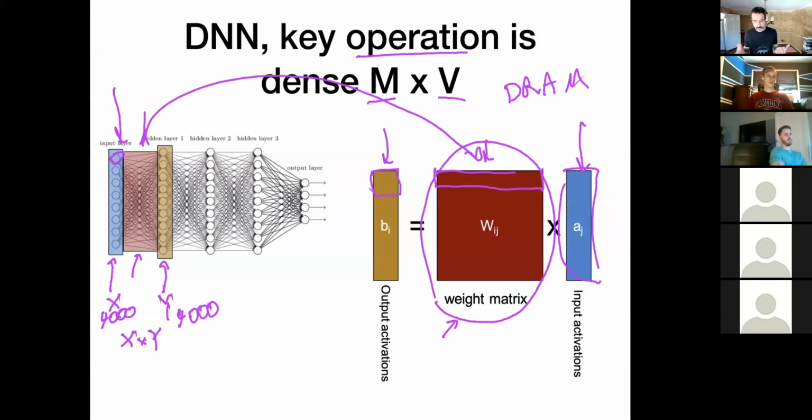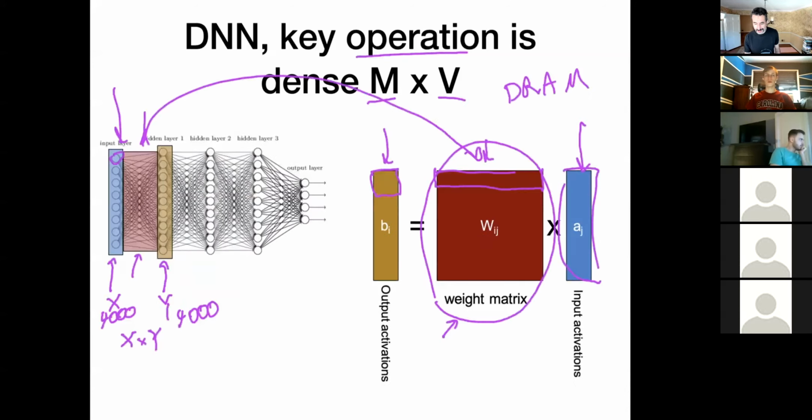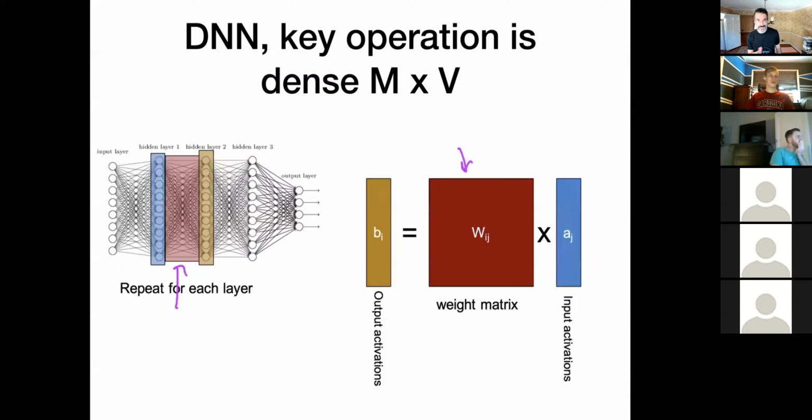But more importantly, if you think about this carefully, when you move to the next layer, what happens? You need a new set of weights. Exactly, you need the next set of weights, and this one was totally different from this one, right? So these weights were different from these weights. So for the next layer, you need to retrieve these weights again, which are totally different, right?